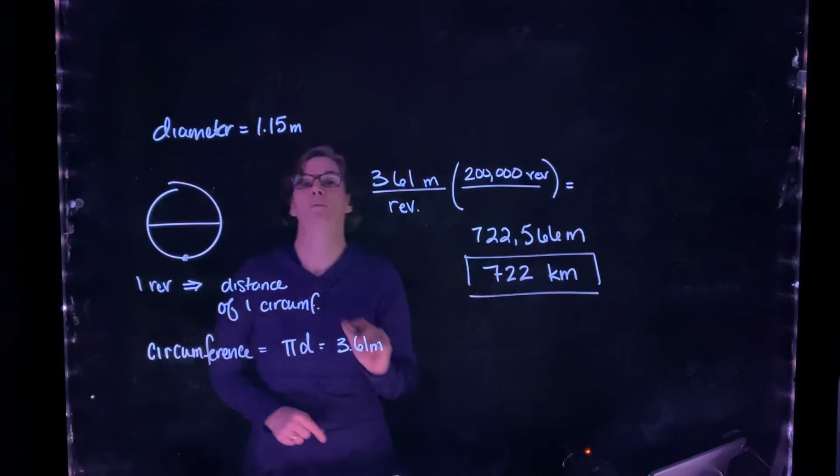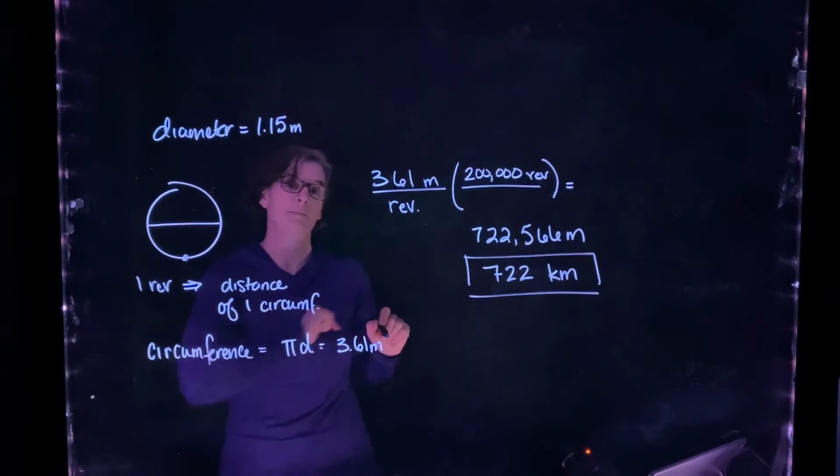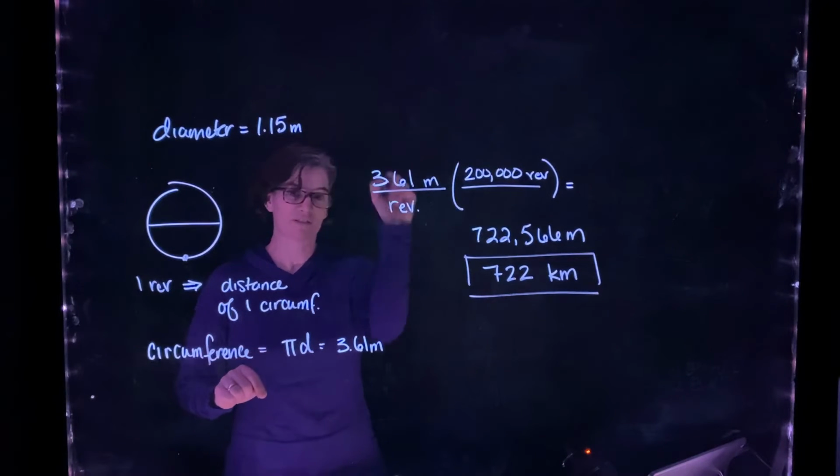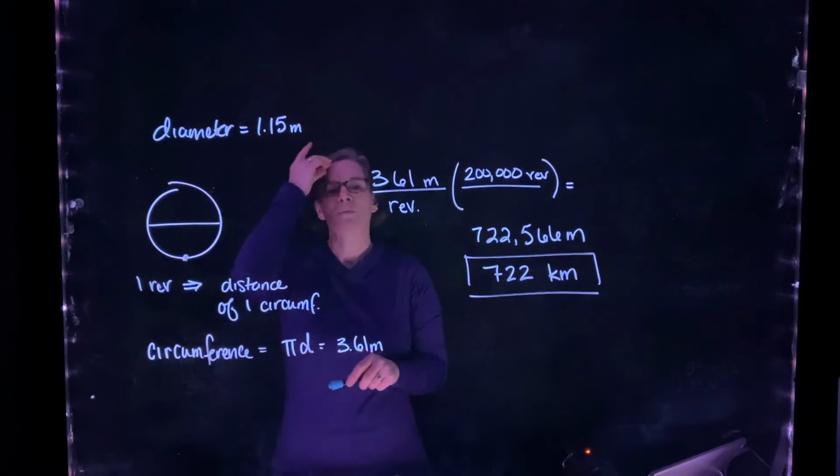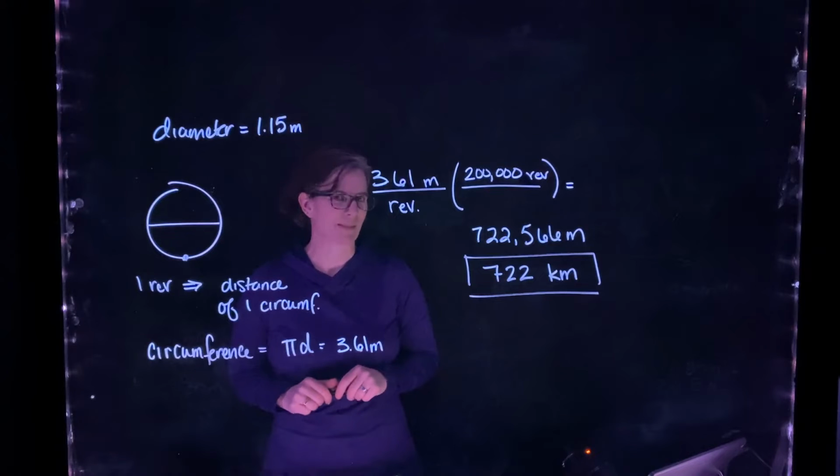All right, so in one revolution, we go 3.61 meters. That's the circumference of that circle. And so in 200,000 revolutions, we go 722 kilometers.